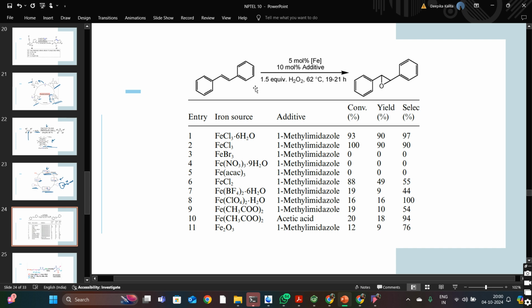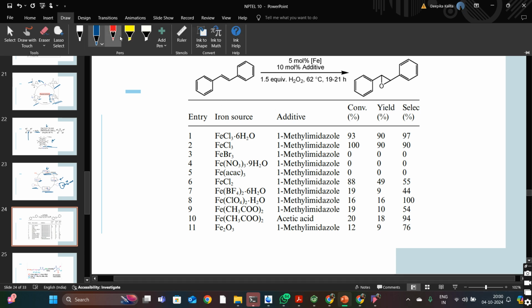So these are the different types of iron catalyst you can see, and in the course of the reaction we are going to get the epoxidation of the double bond. Okay, so moving to the next question.